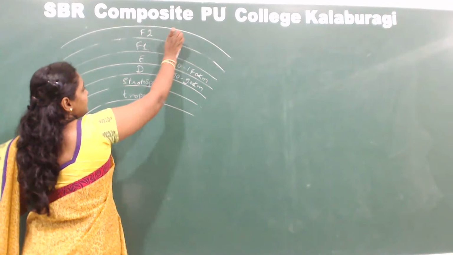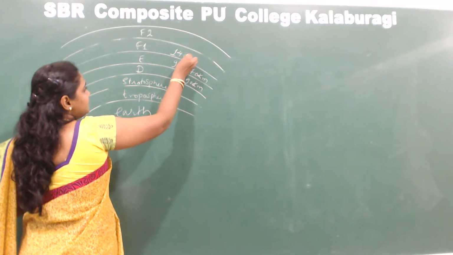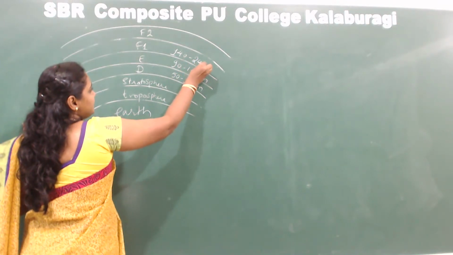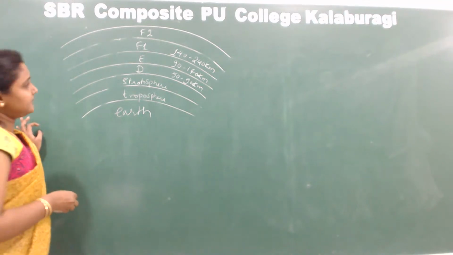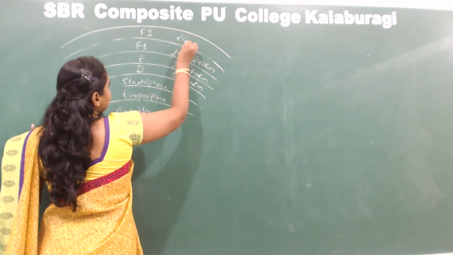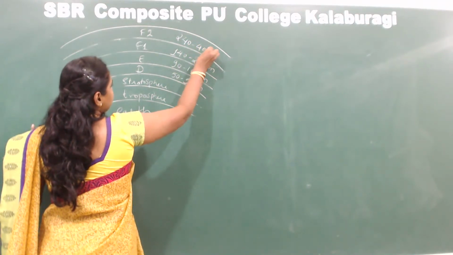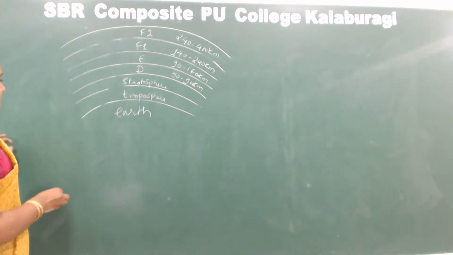Next, the F1 layer 140 to 240 kilometers, and finally 240 to 400 kilometers. So these are the different layers of ionosphere.